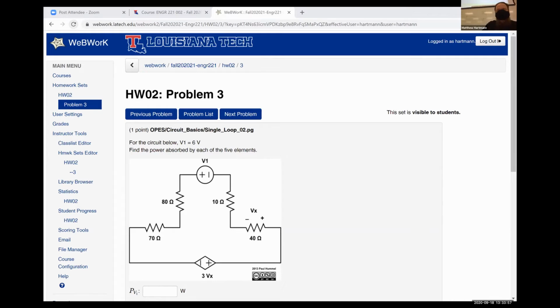And copy down the circuit real quick. B1 is 80 ohms.